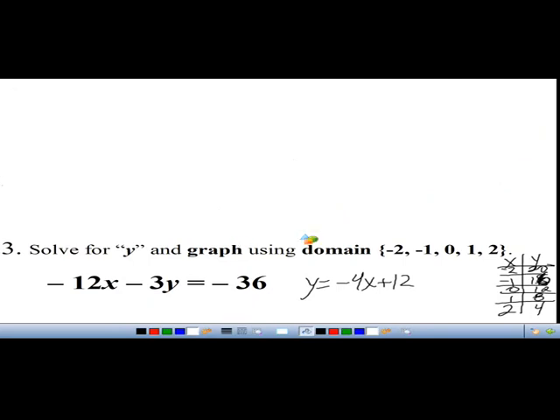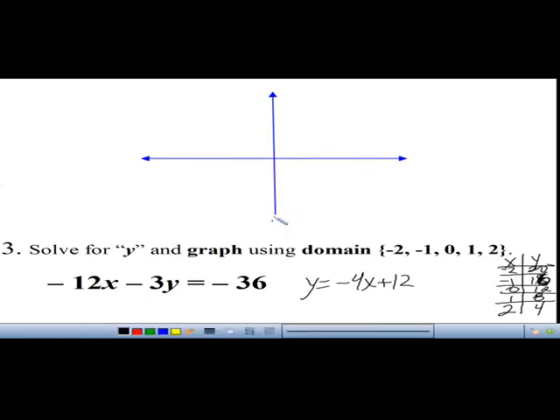And your graph, I'm going to graph that up here. There you go. All right, so on your graph, let me get my coordinate plane. For the x, or the domain, we have values -2, -1, 0, 1, and 2.